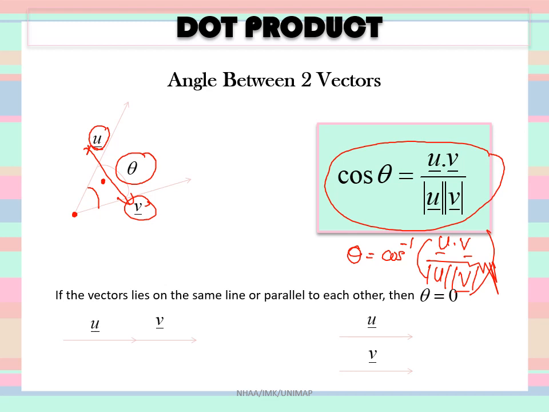Okay, so don't confuse this cos with the cos that we learned in the previous slide. That cos is the cosine angle, or we call it direction angle. That is different.